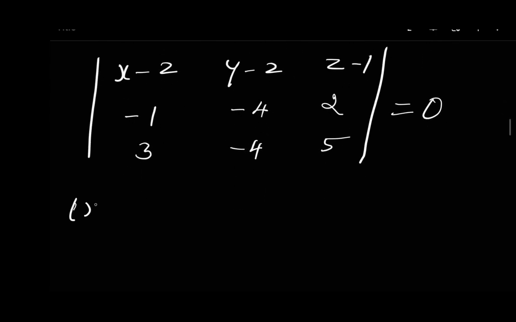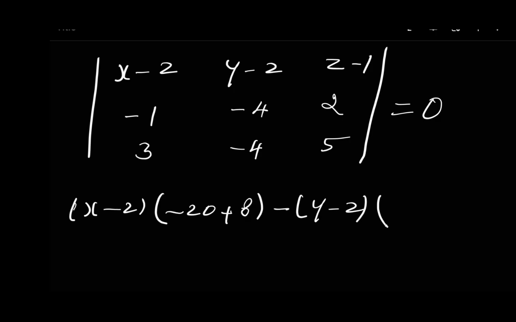Simplify this. x minus 2 into, leaving out this row and column, minus 20 minus of minus 8, so that you will get plus 8. Minus y minus 2 into, leaving out this column and row, minus 5 minus 6.